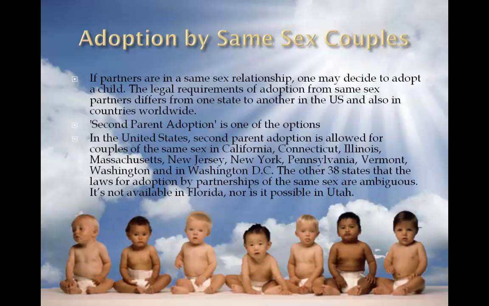Second parent adoption is allowed for couples of the same sex in California, Connecticut, Illinois, Massachusetts, New Jersey, New York, Pennsylvania, Vermont, Washington, and in Washington, D.C. In the other 38 states, the laws for adoption by partnerships of the same sex are ambiguous. It's not available in Florida, nor is it possible in Utah.